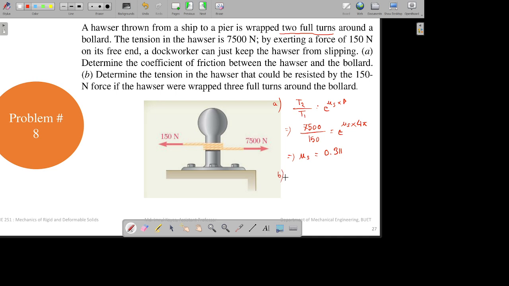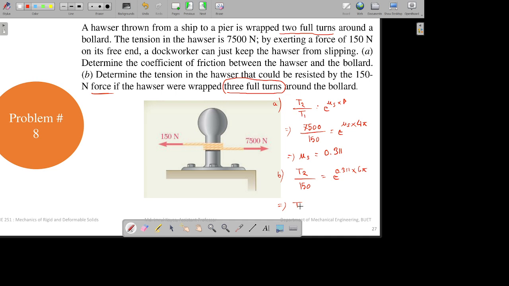For part B, again the same equation, T2 divided by T1, but now you don't know T2, the force you are asked for. So T2 divided by T1, which is 150, equals e to the power 0.311 multiplied by 6 pi, since 3 full turns were made, that is 3 into 2 pi.